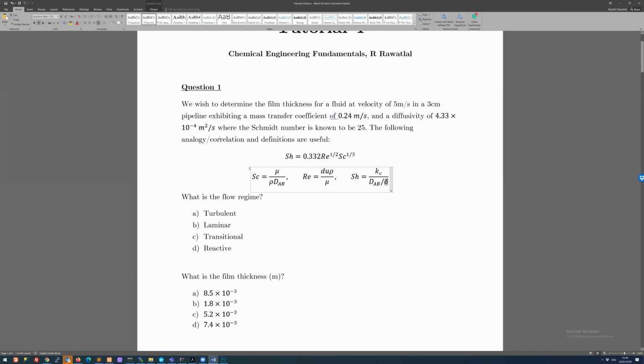And here, if you look at this equation, it's relating quite different things. The Sherwood number is entirely about diffusion. The Reynolds number is entirely about convection, the competition between convection and viscosity.